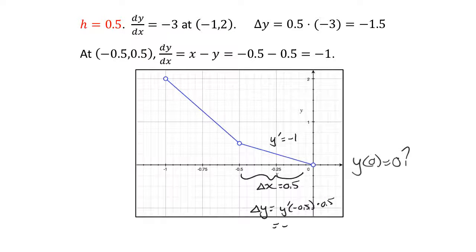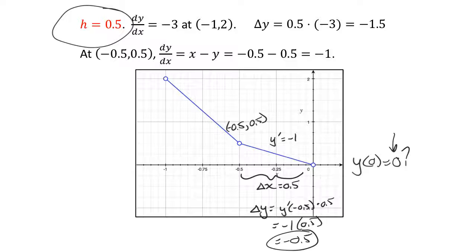So that's -1 times 0.5, which is -0.5. We started off at the ordered pair (-0.5, 0.5). If we go down by 0.5, sure enough, we end up at 0. So we're going to illustrate this one more time with an even smaller value of h.